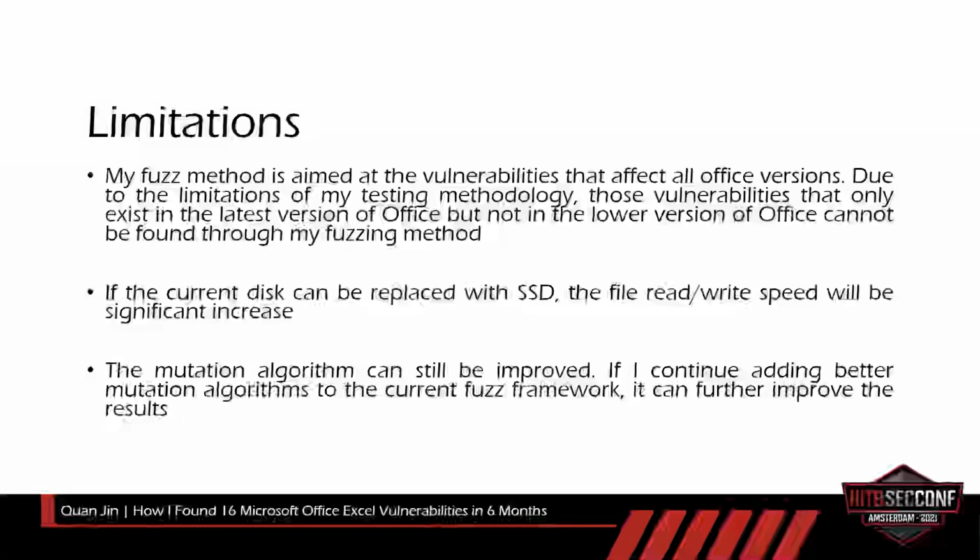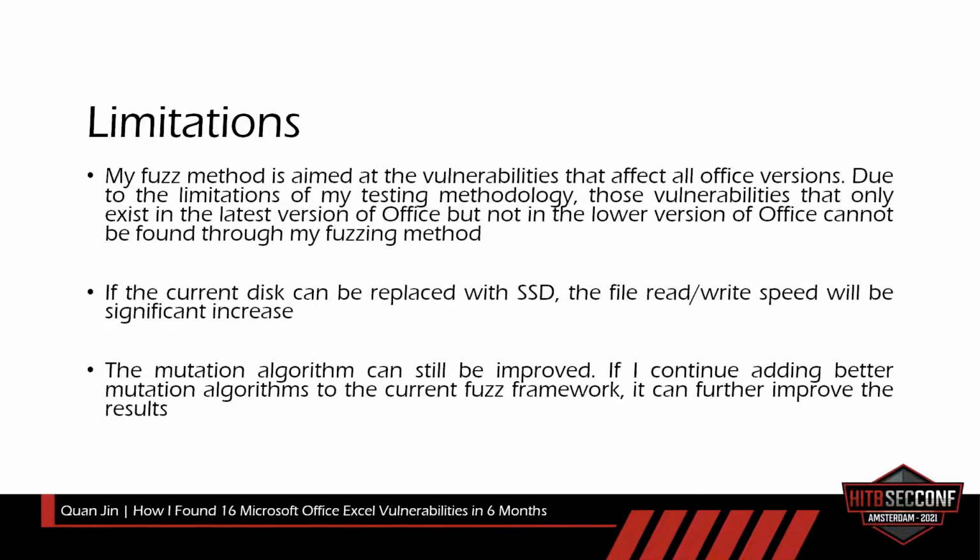For now, my fuzz method has the following shortcomings. As mentioned earlier, in order to improve the speed and efficiency of fuzzing, I selectively ignored some potential vulnerabilities in terms of strategy, such as vulnerabilities only in the newer Office versions.